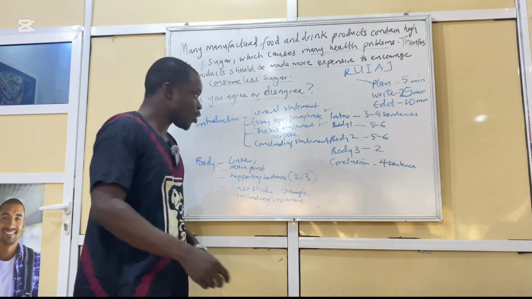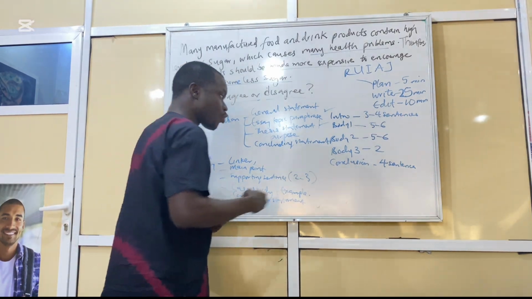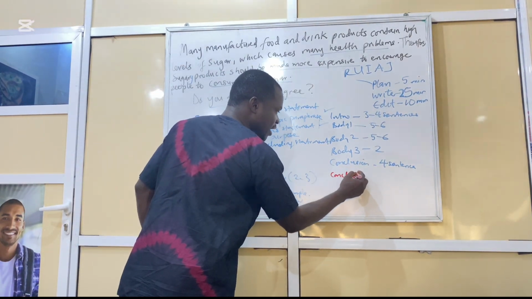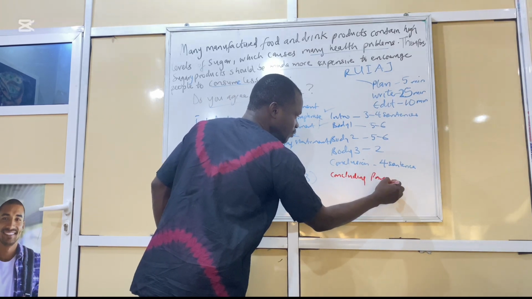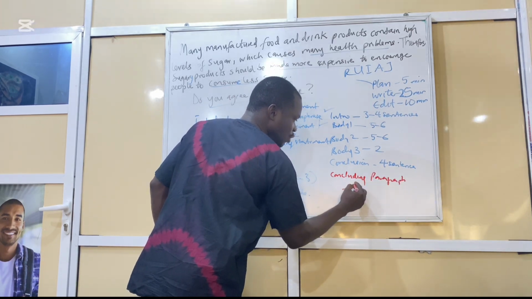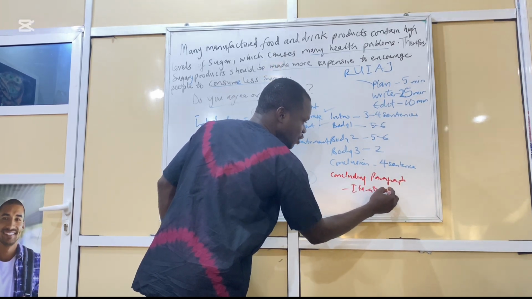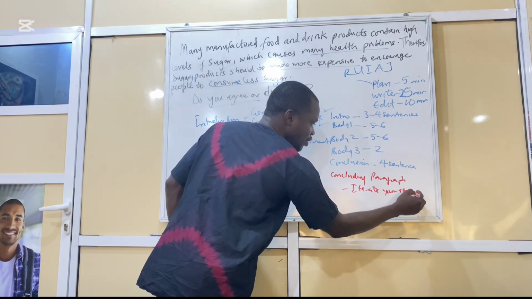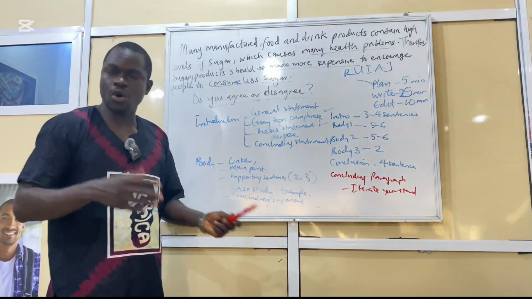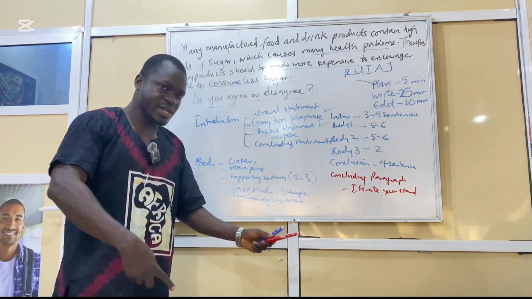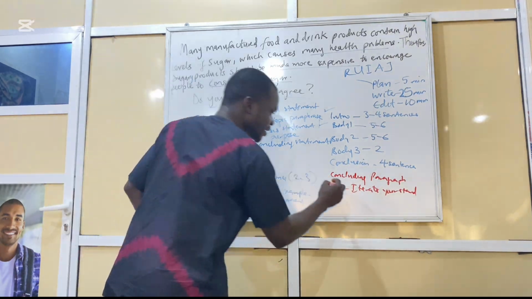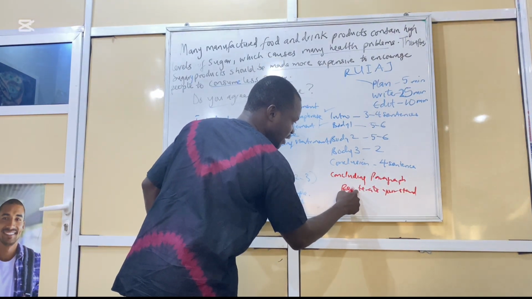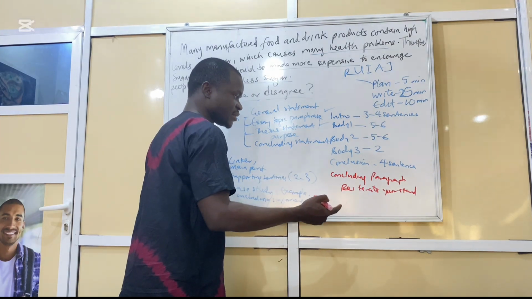For your concluding paragraph, you want to reiterate your stand. If you are agreeing or disagreeing, if you are opposing or anything, reiterate your stand here again. Restate it again.